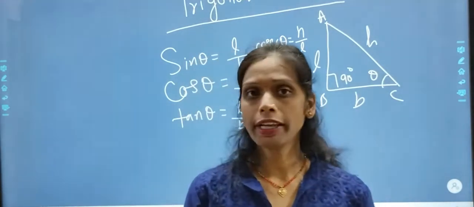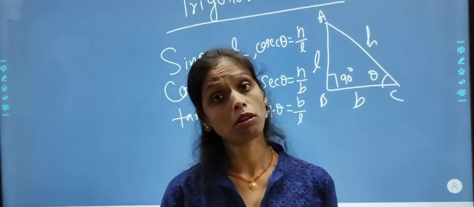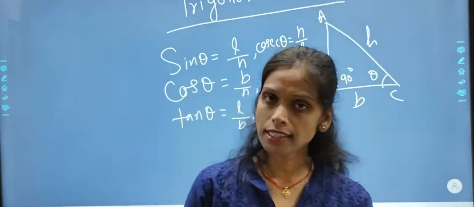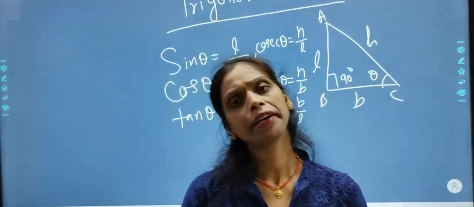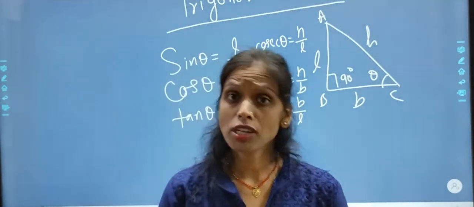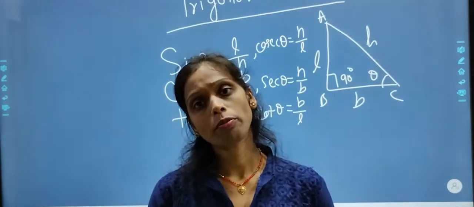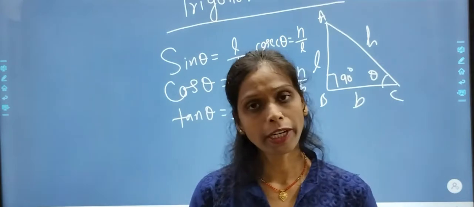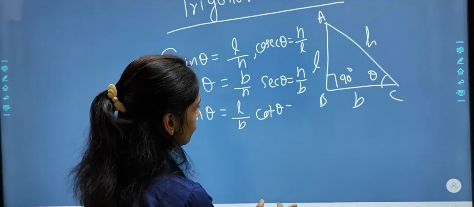That's why today in this class we will not discuss more about these six ratios. Only we will learn here about a trigonometrical function and the sign of the trigonometrical function. Okay, then let's start our class.